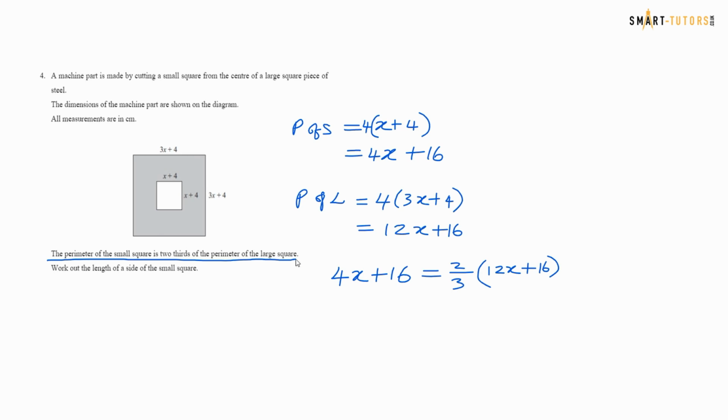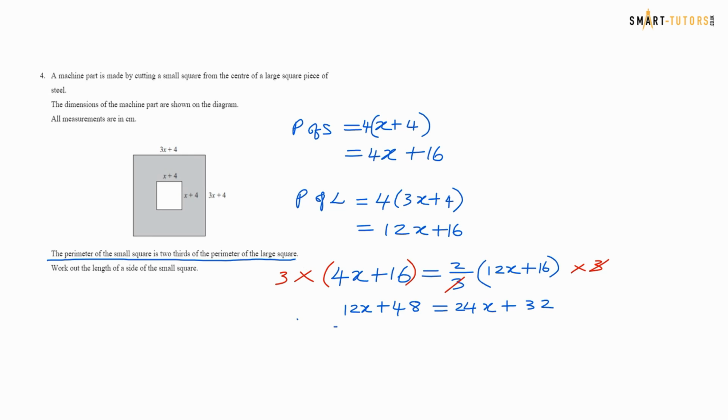I'm going to times both sides by 3 to get rid of the 3. And now I'm going to continue expanding the bracket. 3 times 4 is 12x plus 48 equals, the 3 and 3 cancel, 2 times 12 is 24x plus 32.